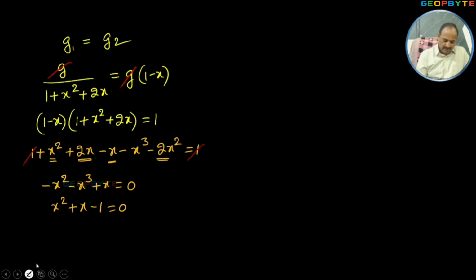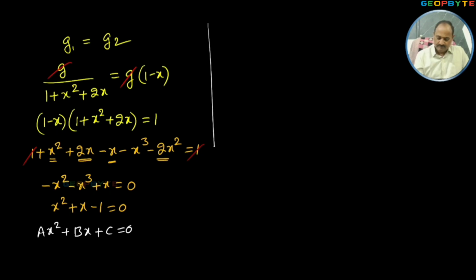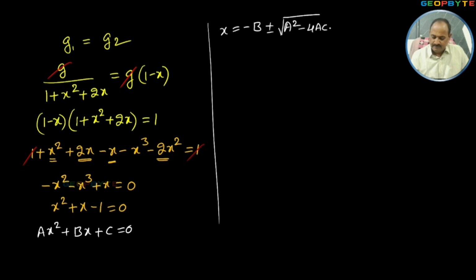Now it is in the form of a quadratic equation, a x square plus bx plus c equal to 0. Then what is the x value? x equals minus b plus or minus root over b square minus 4ac, by 2a.